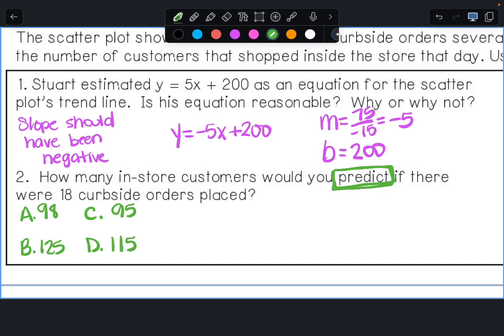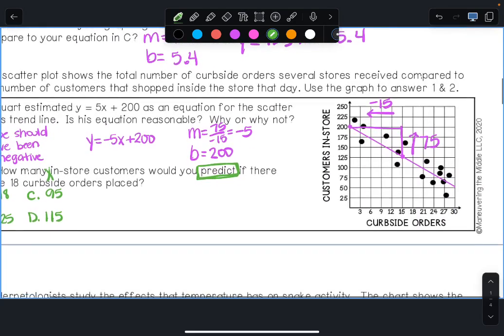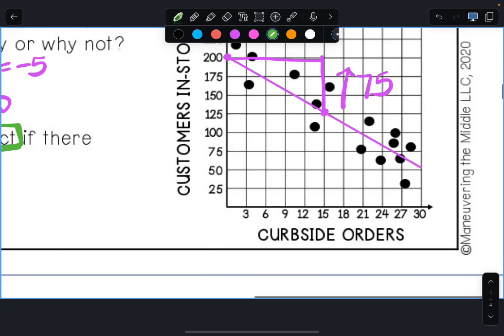So, 18 curbside orders. Curbside orders is what kind of value? An X or a Y? X value. So I'm going to go over here to curbside orders, find my number 18, go up to my line, and I notice that number must be in between what 2 numbers? 100 and 125.